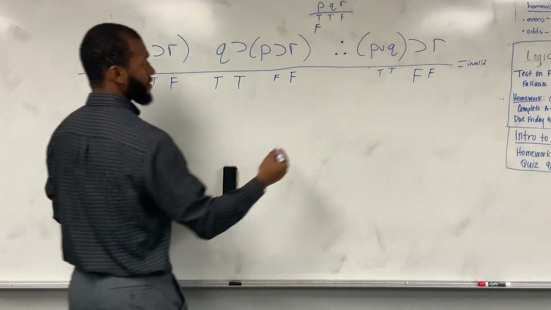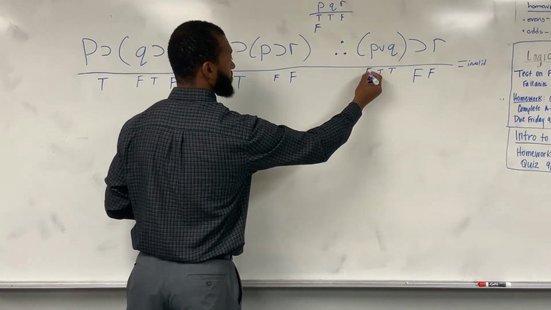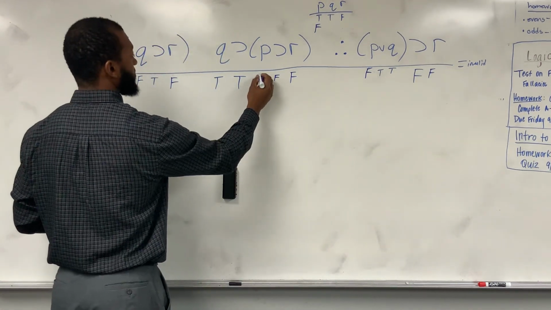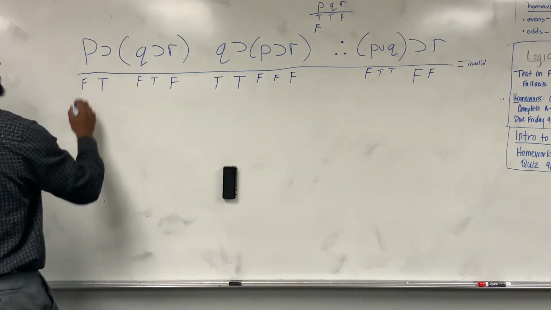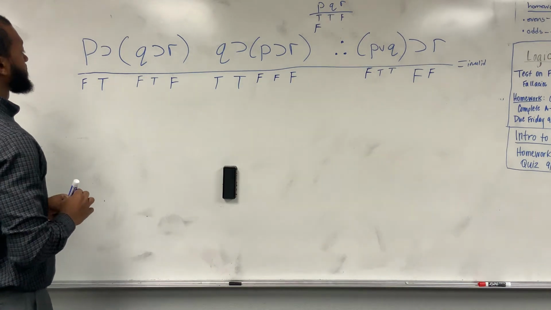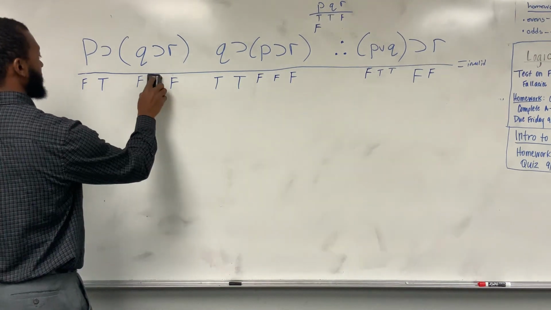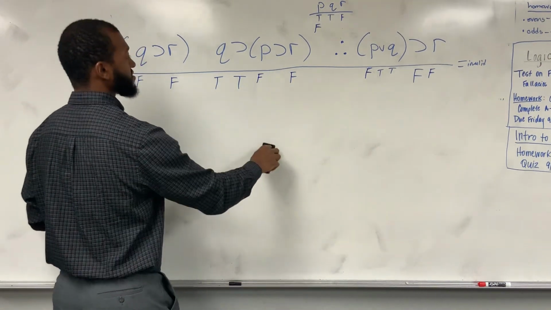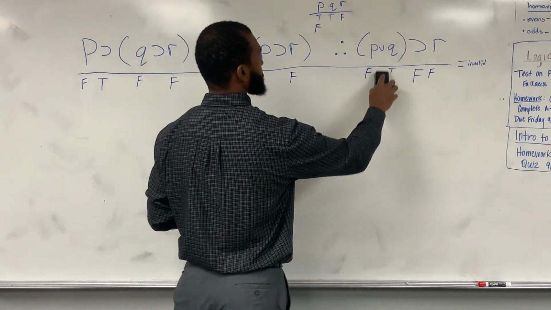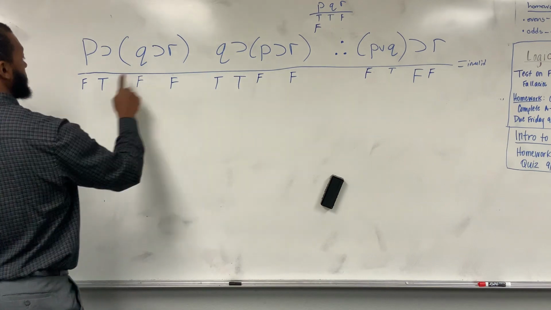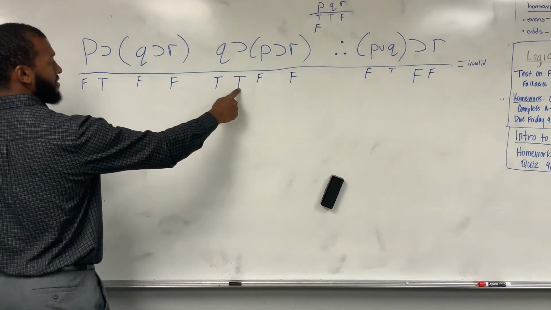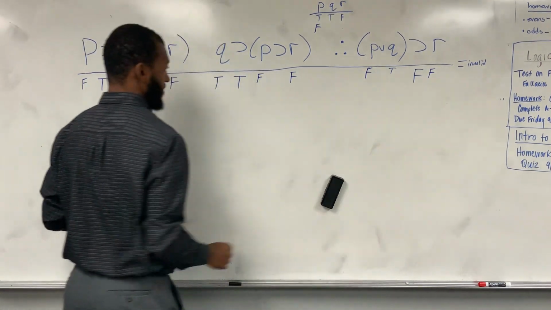New P's are going to be F, F, and F. I'm going to change these to blank because I don't know yet. Leave these premises as true. Consequent still stays false.